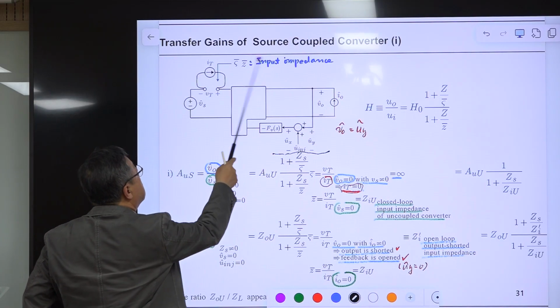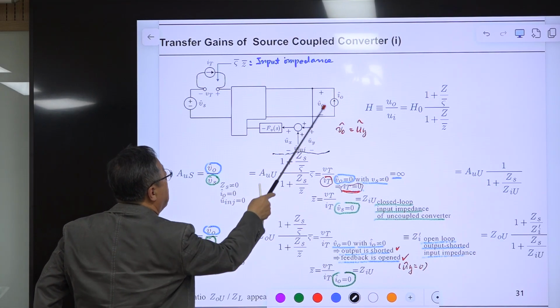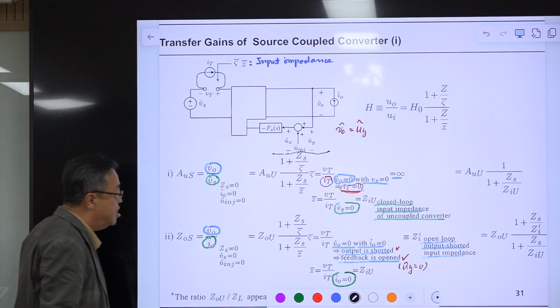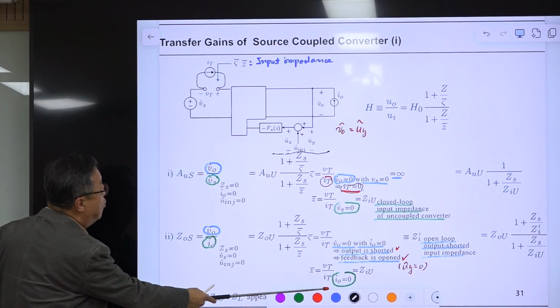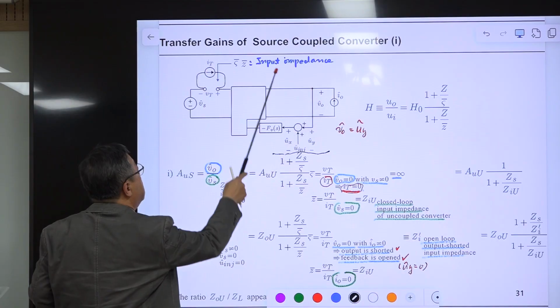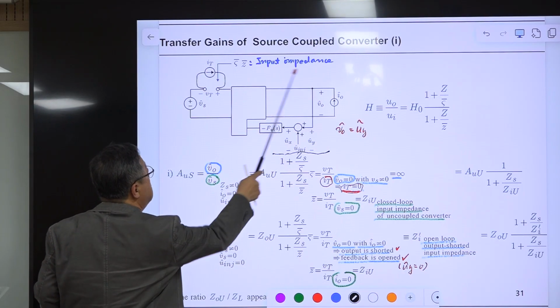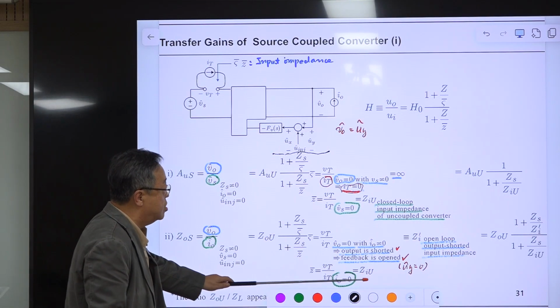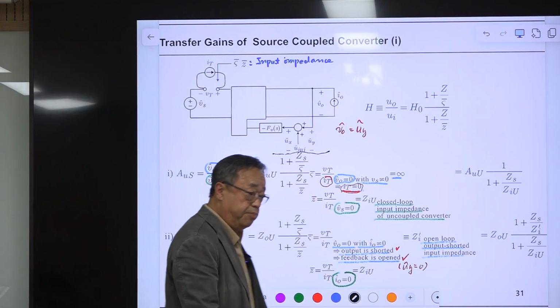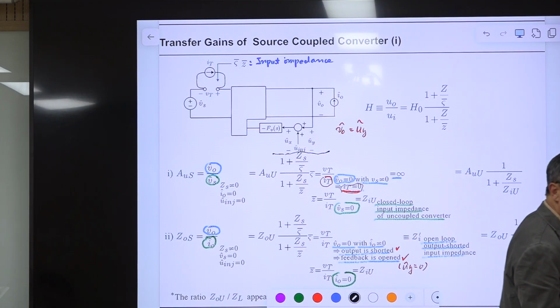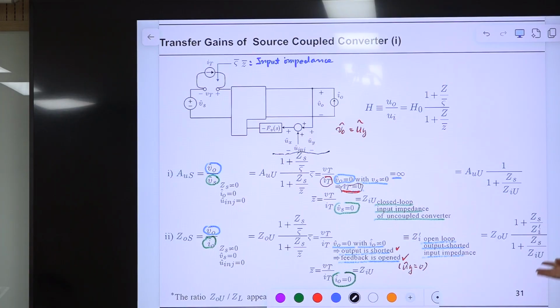It does not affect, and IO was initially 0, so maybe this is redundant. Then with this open circuit, you take a look at this. This is GIUU, the input impedance of the uncoupled converter. So we evaluate this.